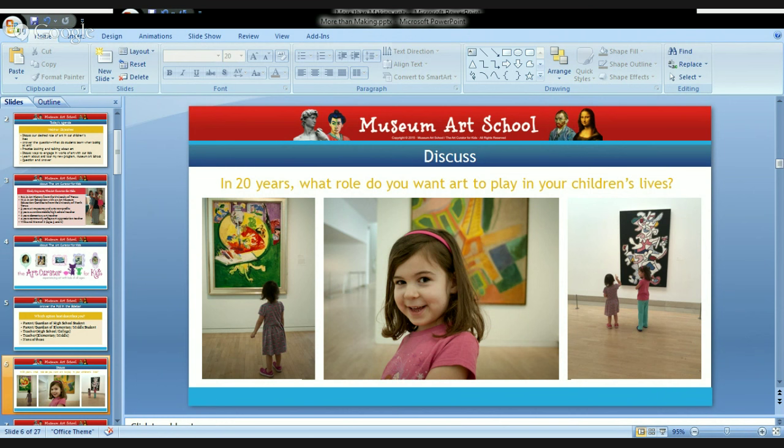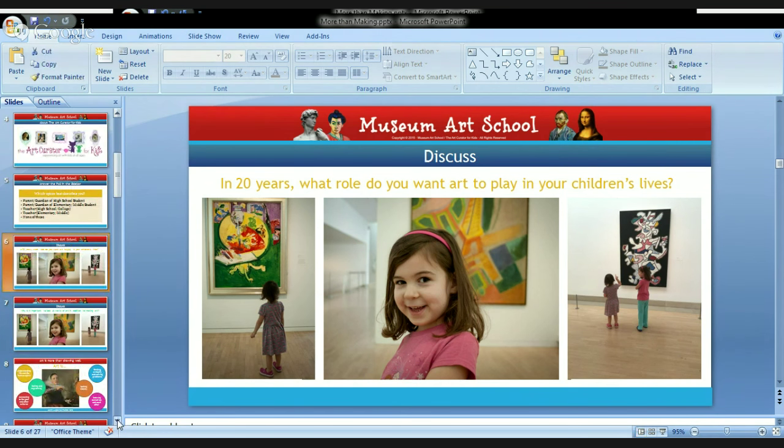And when I tell people that I'm an art teacher, and I'm sure you get this all the time as those of you in the room who are art teachers, when I say that I'm an art teacher, people say, oh, I can't draw. That's the first thing they always say every single time I tell them that I'm an art teacher. But art is so much more than drawing. It is so many things.